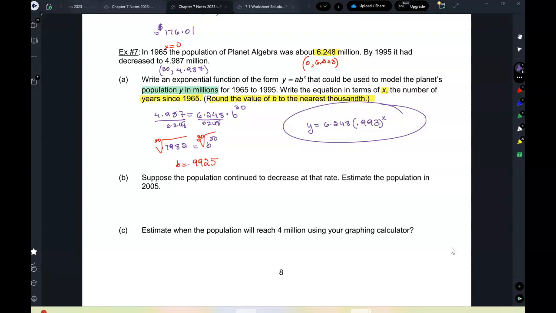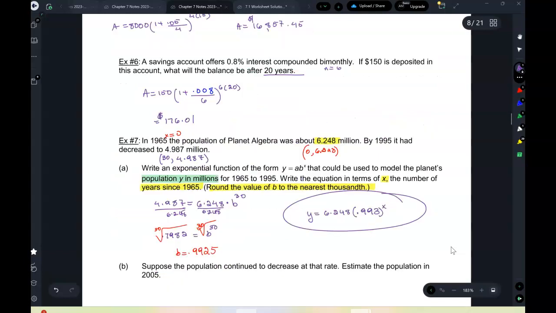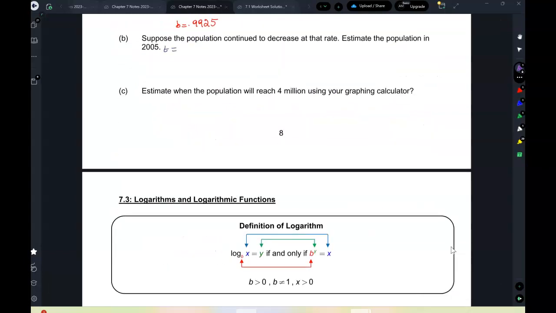Now, suppose the population continues to decrease. Estimate the population in 2005. Starting from the initial 1965, now x is how much? 40. So we're going to do y of 40, which is 6.248 times 0.993 to the power of 40.